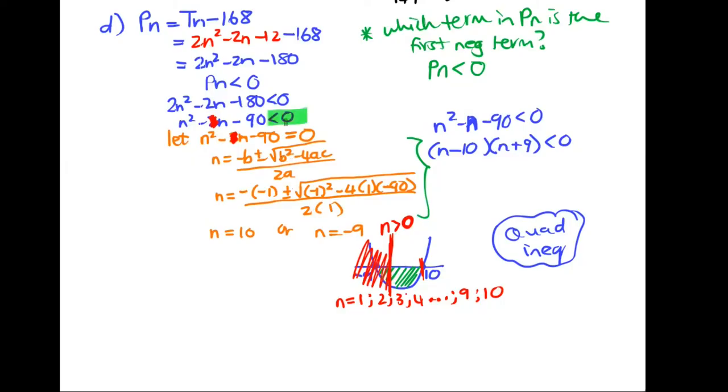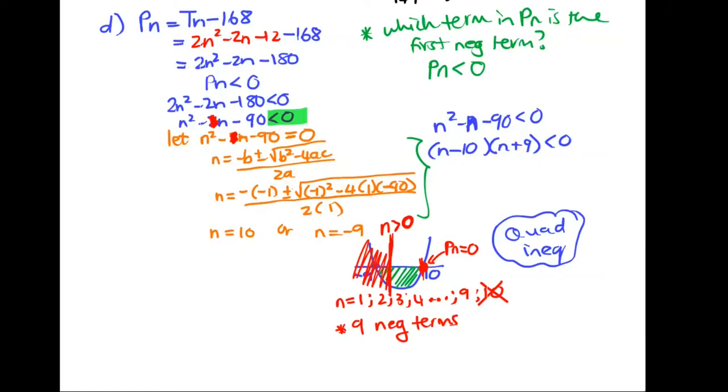You are looking at values that are less than 0. And if you look at this specific point here, the 10th term is not less than 0. At the 10th term, Pn will be equal to 0. And so we can't use this. And that's why the answer is there are 9 negative terms.